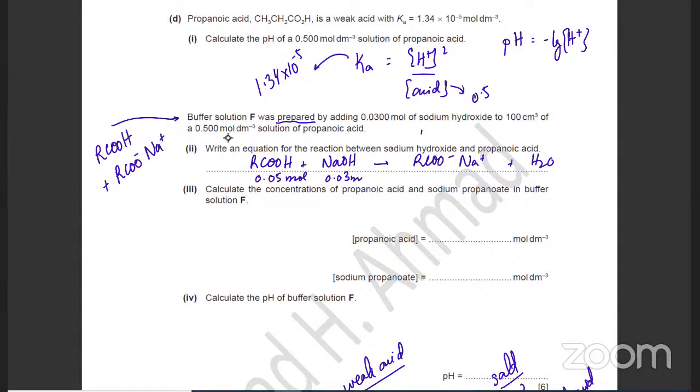So which one is in excess? NaOH will completely react 1:1, right? इसके 0.02 moles would be left at the end of the reaction, right? So 0.03 will react with 0.03 to produce 0.03 of this.